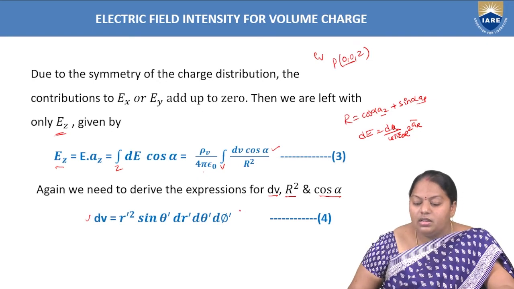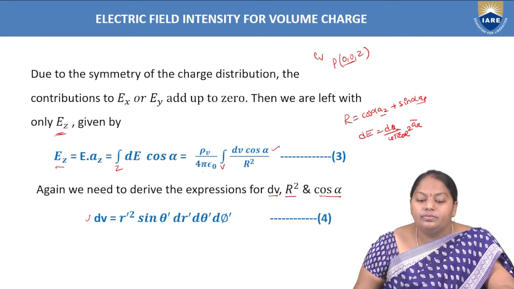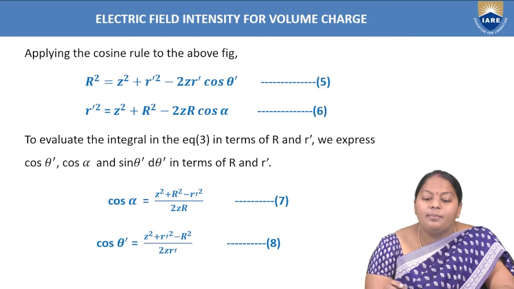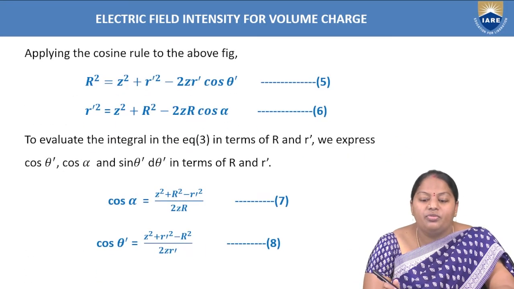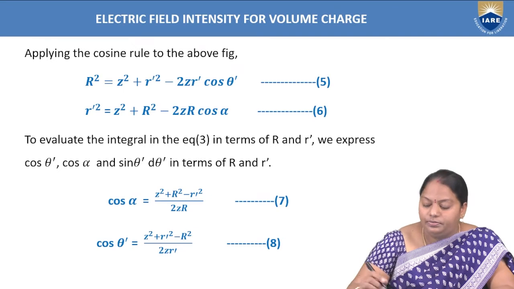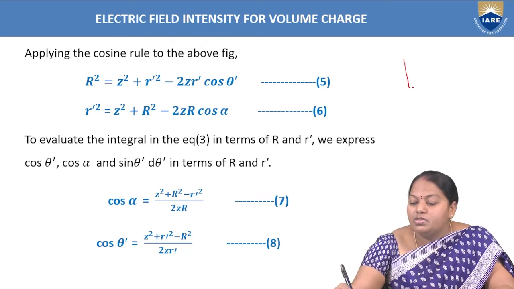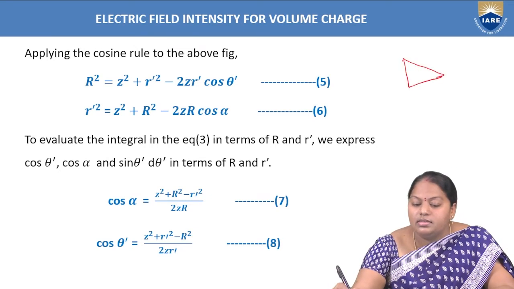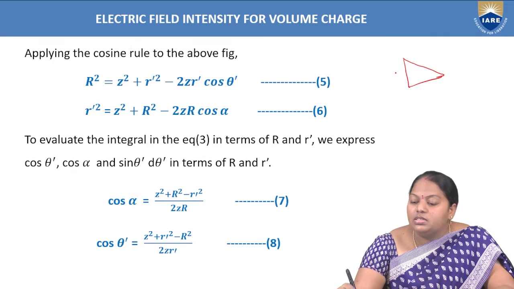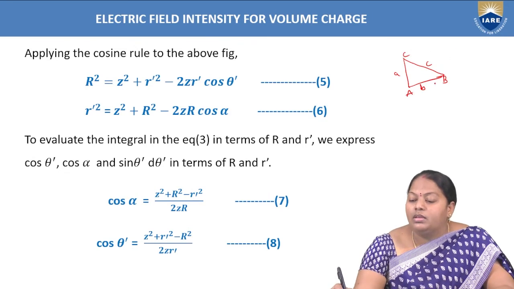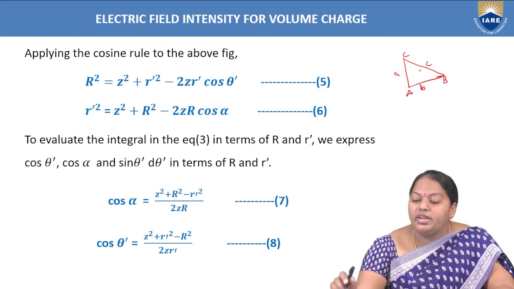Now we'll be considering r square and cos alpha. For that, we apply the cosine rule to the above figure. Suppose you consider one triangle like this, where A, B, C are the lengths of the sides and there are two measuring angles.